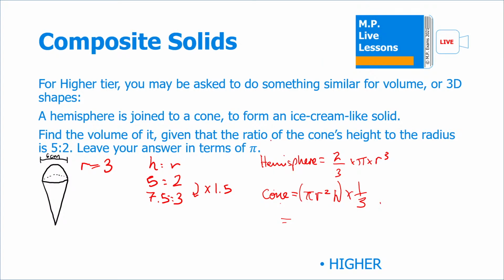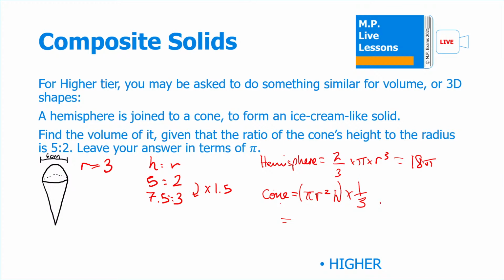For both of them, if I use the calculator, this is 18 pi, and the cone is the radius is the same still, so 3.